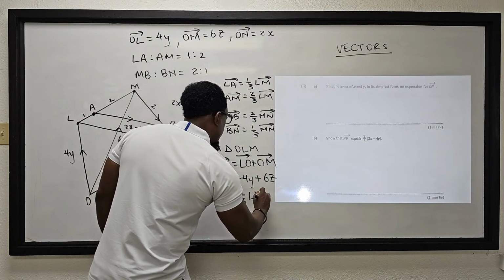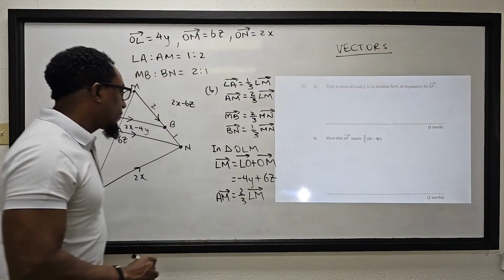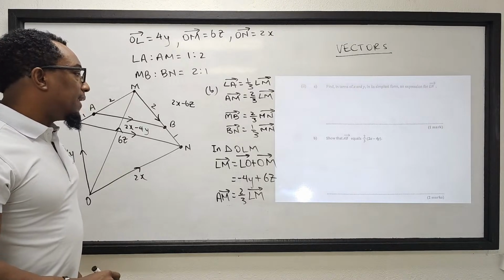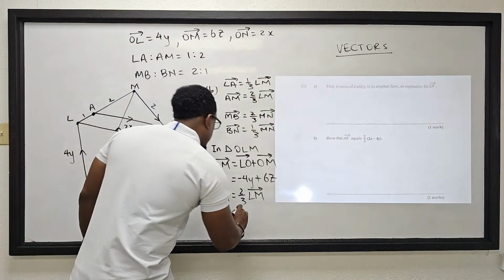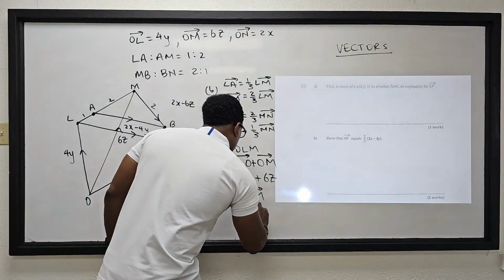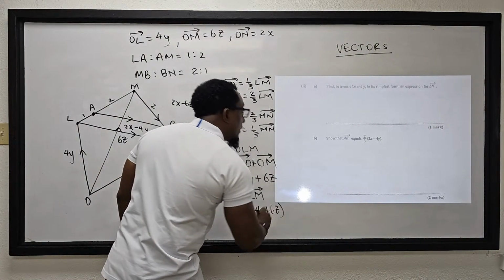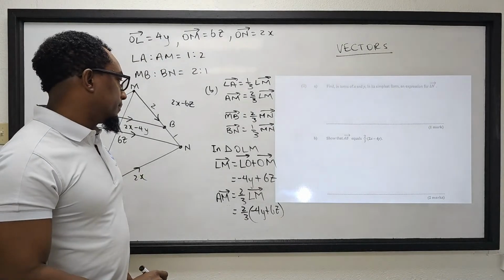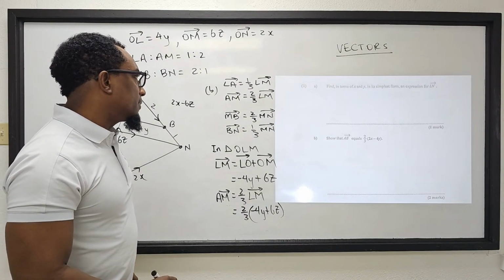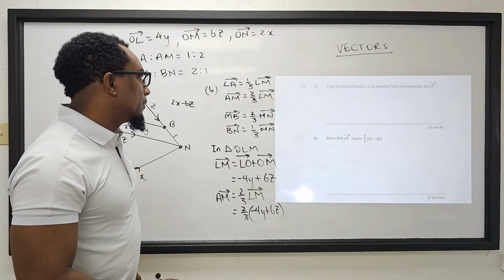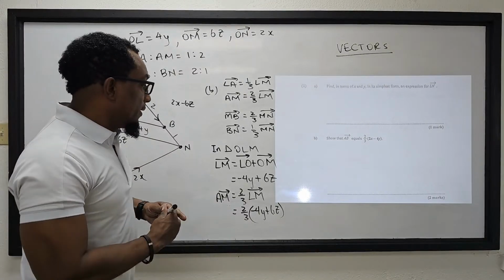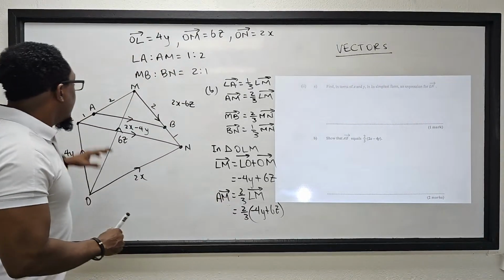And we know that having found LM, AM is 2/3 of LM. So AM is 2/3 of negative 4y plus 6z. So we want to find AM.